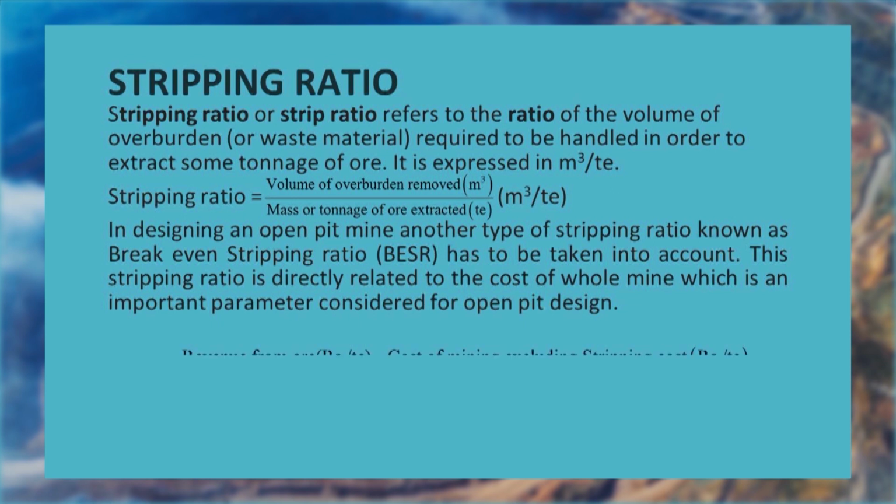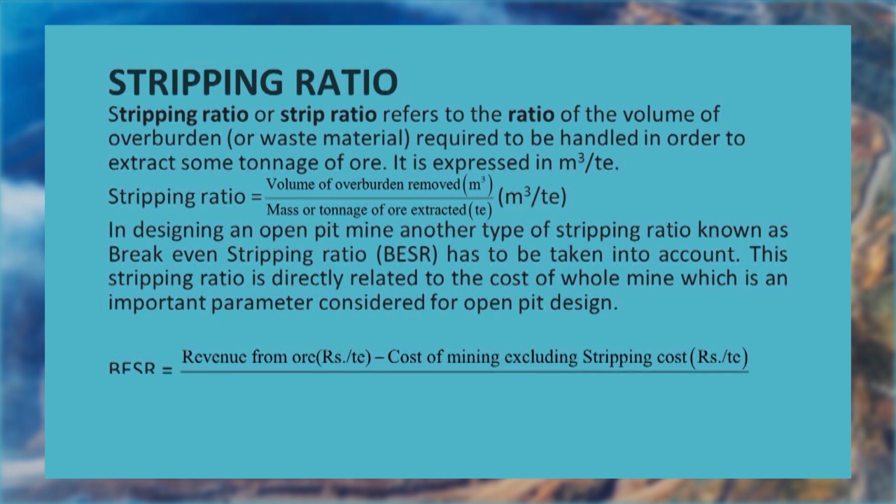In designing an open pit mine, another type of stripping ratio known as break even stripping ratio, BSR, has to be taken into account. This stripping ratio is directly related to the cost of the whole mine, which is an important parameter considered for open pit design.